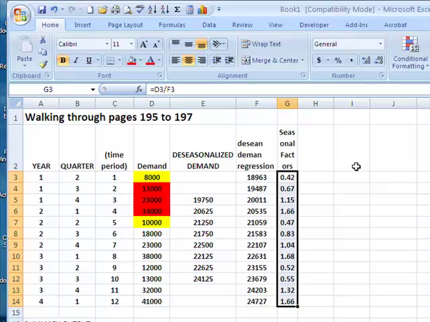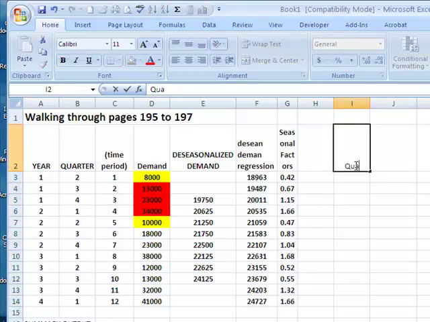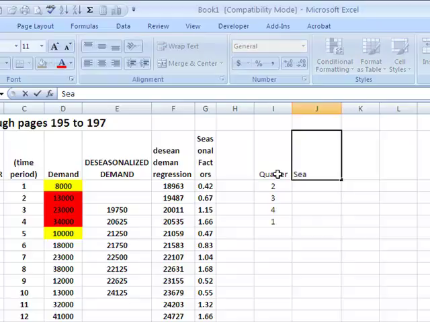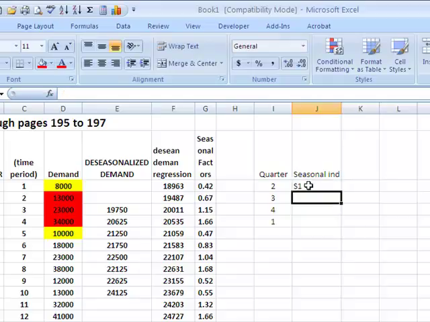So notice, for quarter 2, 3, 4, and 1, your book is using these symbols for seasonal index: S1, S2, S3, and S4.